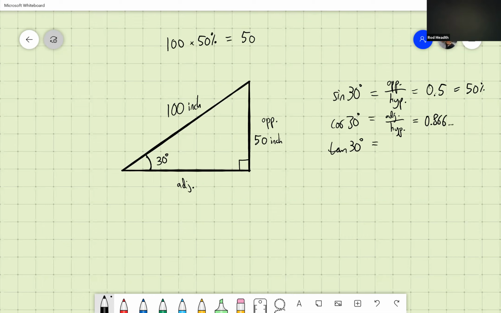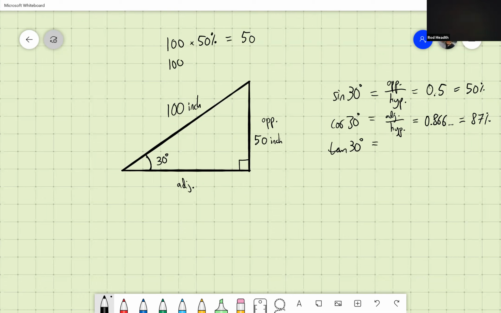And by the way, if you're new to this and you're bothered by all the messy decimals, there is actually an exact representation of that number, but I'm not going to tell you because we don't really need it for this course. But in your pure math class, you definitely will learn that. So again, you can think of this as like 87%. So that means that the adjacent side length is about 87% of the hypotenuse.